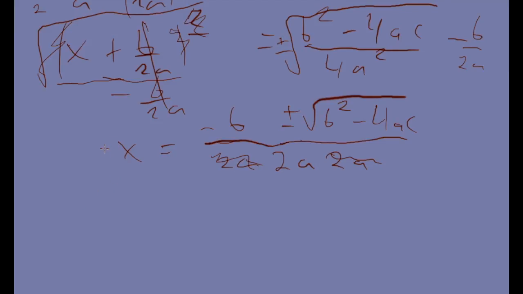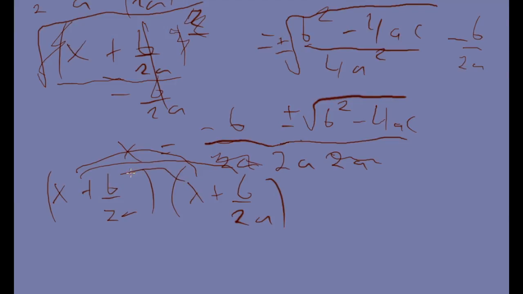Now I wanted to show you why x plus b over 2a, squared, is equivalent to that. So let's check it out. x plus b over 2a, and you distribute, multiplying everything by that, so that equals x squared plus b over 2a x plus b over 2a x plus b squared over 4a squared.